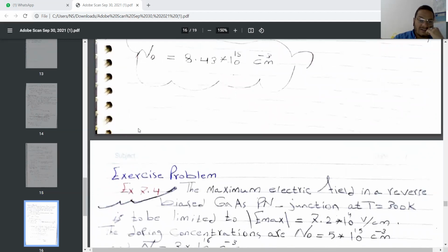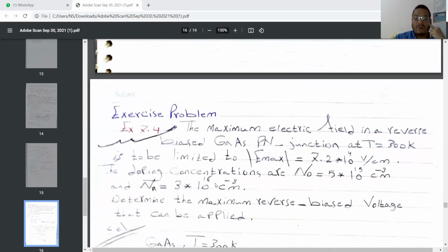Now let's go directly to exercise problem 7.4, the maximum electric field in a reverse bias. But here, the important thing we must know is that we're dealing with another element. That means another intrinsic carrier concentration, another donor concentration, another acceptor concentration. This element is gallium arsenide, a PN junction at room temperature limited to Emax equals 7.2×10^4 volt per centimeter.